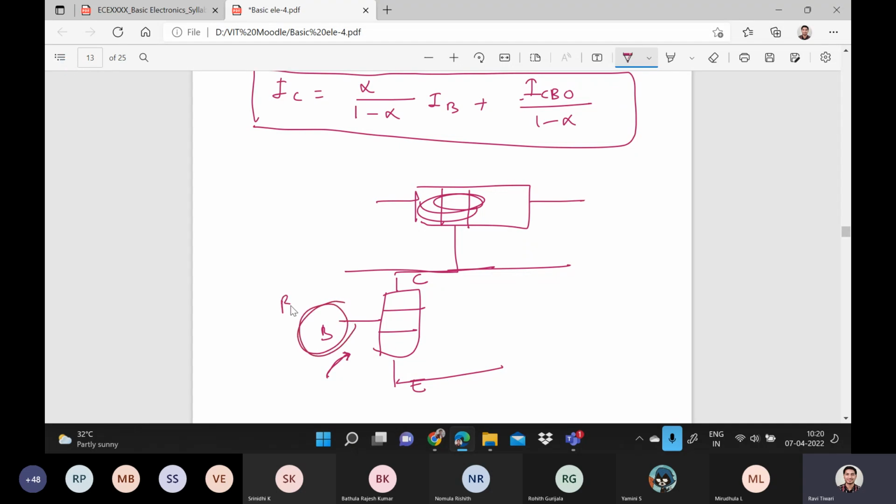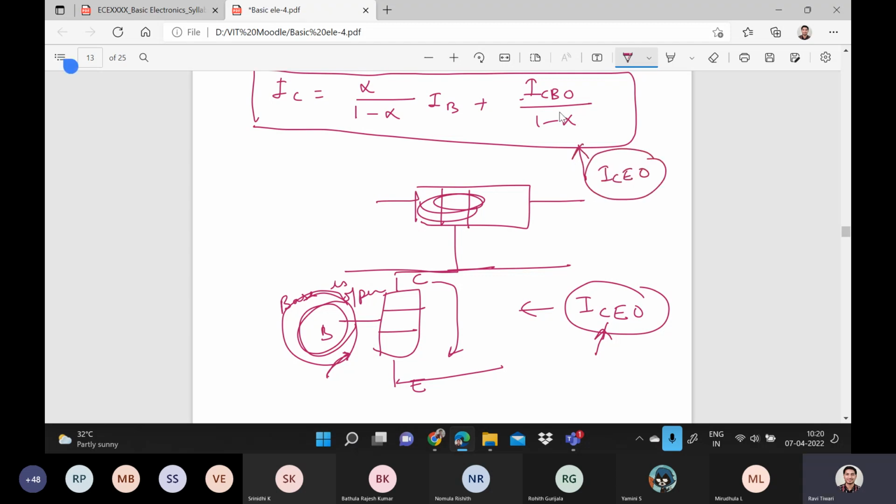In this case, the base is open. So that's why it's called ICEO. That means the current between collector and emitter when the base is open. That's why it's called ICEO.